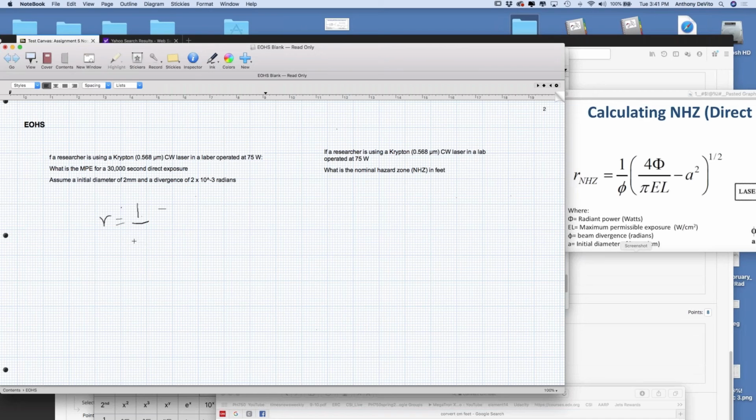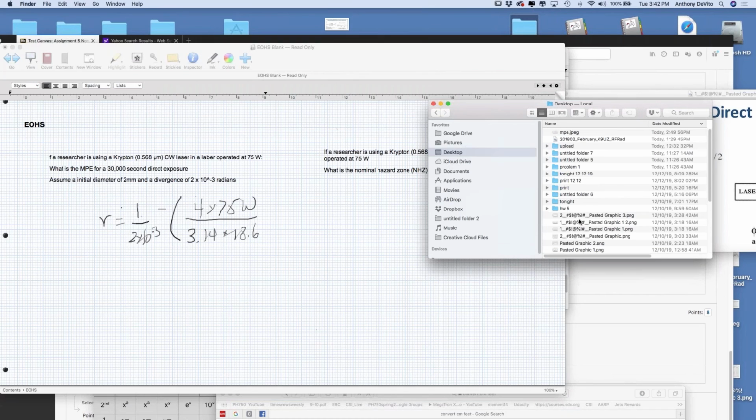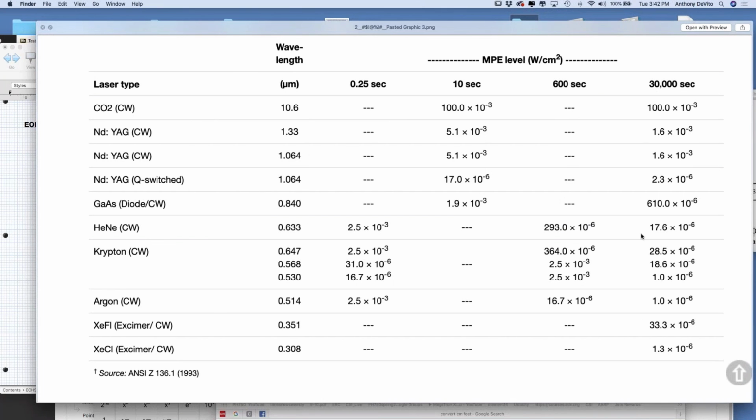This is unitless, which is 2 times 10 to the minus 3, times 4 times our power level of our laser, 4 times 75 watts, over 3.14 times our exposure limit, which was 18.6 times 10 to the minus 6th.